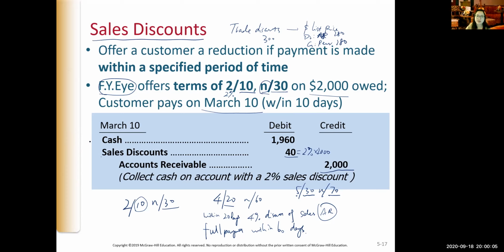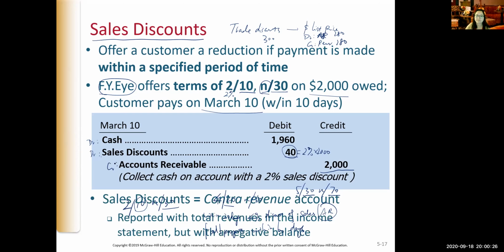So that's why we debit cash only for 1,960, and we debit another account called sales discount for $40, because you said it's okay to pay me 2% less if you pay within 10 days. And then we credit accounts receivable for all the amount the customer owes.